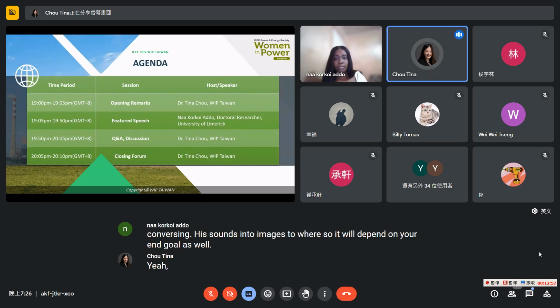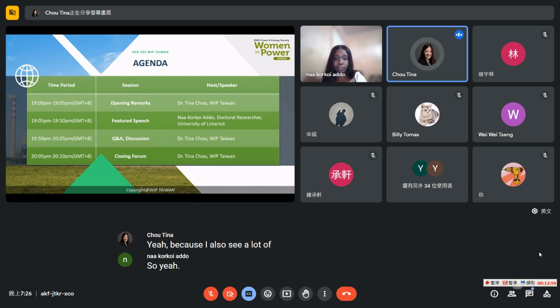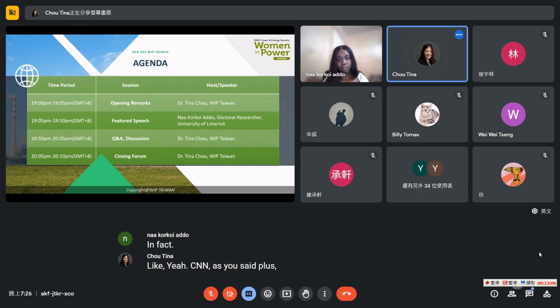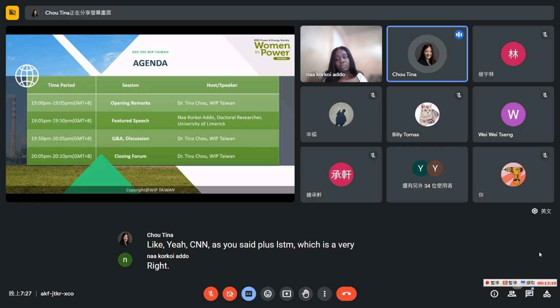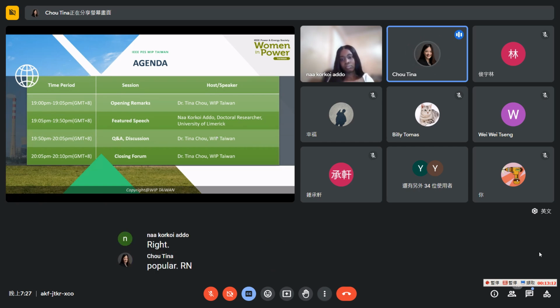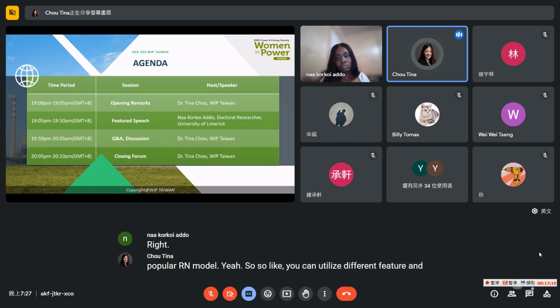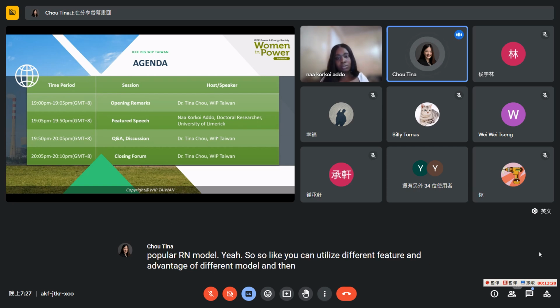Yeah, I also see a lot of combination of different models. For example, CNN, as you said, plus LSTM, which is a very popular RNN model. So you can utilize different features and advantages of different models, and then combine them together.